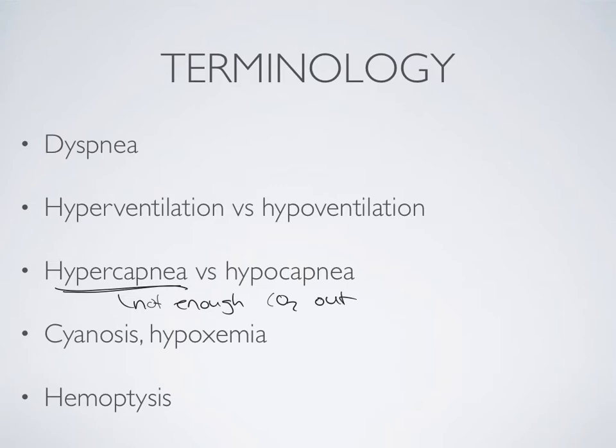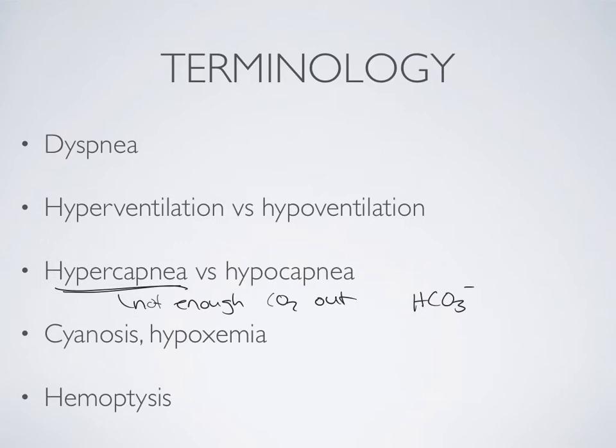Anybody know why that would be dangerous? Yes. So CO2, well, how is CO2 carried in the blood? As carbonic acid, HCO3. And so that's one of the ways that your body maintains acid balance.